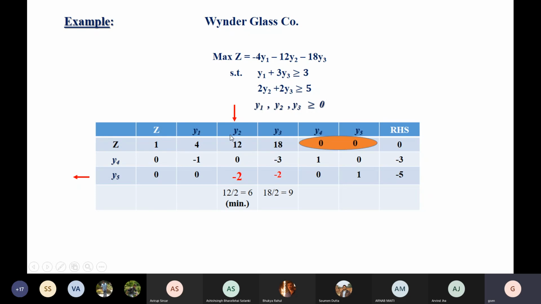So what is the pivot element here? For y2, -2 here. This one is the pivot, right? So you make this pivot element 1, and then you apply Gaussian elimination to make this column 0, right?